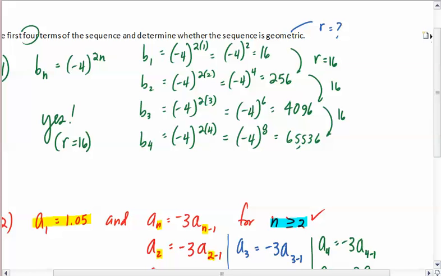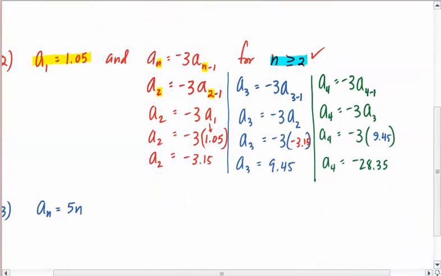I can't even remember what the directions said. Oh, list the first four. Well, they've given us the first one, but we didn't have to list that one. So a sub 1 is given, and there's a sub 2, a sub 3, and a sub 4. So what is happening between 1.05 and negative 3.15?